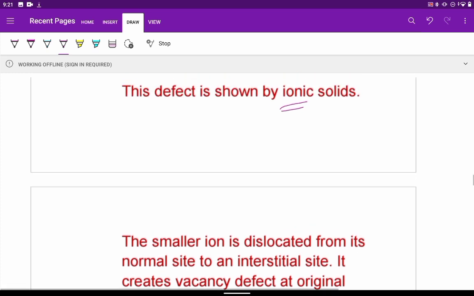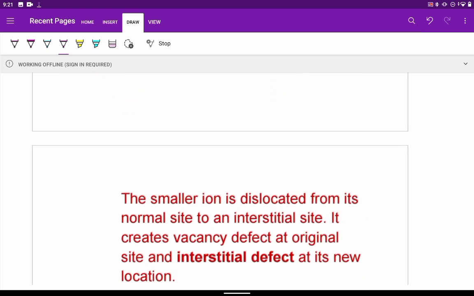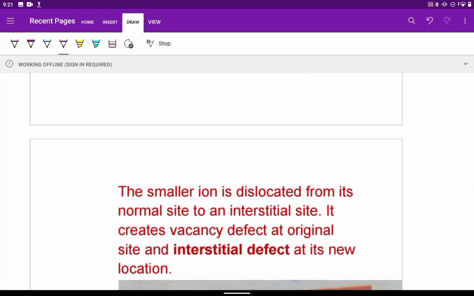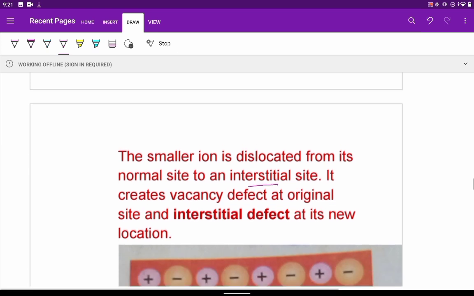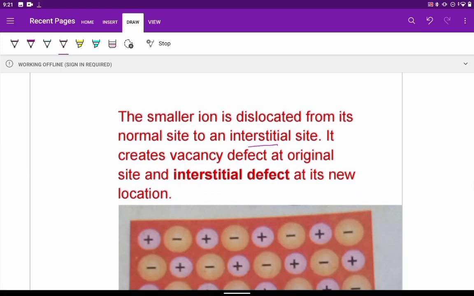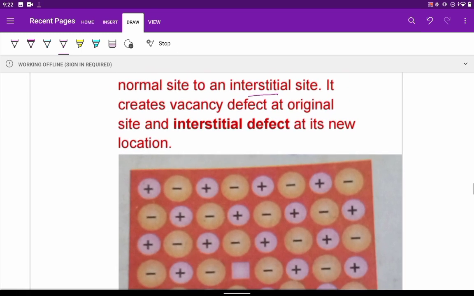Now in this case, in Frenkel defect, the smaller ion is dislocated from its normal site to an interstitial site. So there will be a vacancy defect at the original site and interstitial defect at the new location.